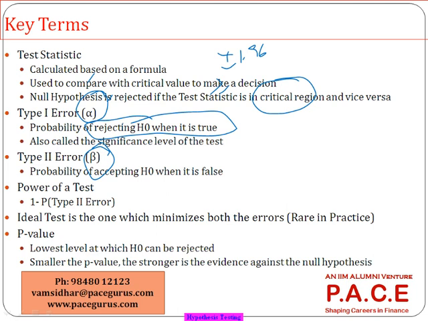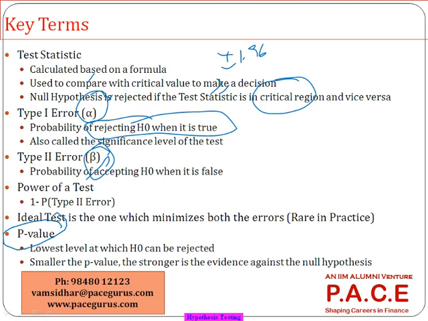So that aspect of the different kinds of errors involved in the hypothesis testing process, we need to be quite comfortable with. And finally, one more definition we need to be very comfortable with in this process is the p-value.